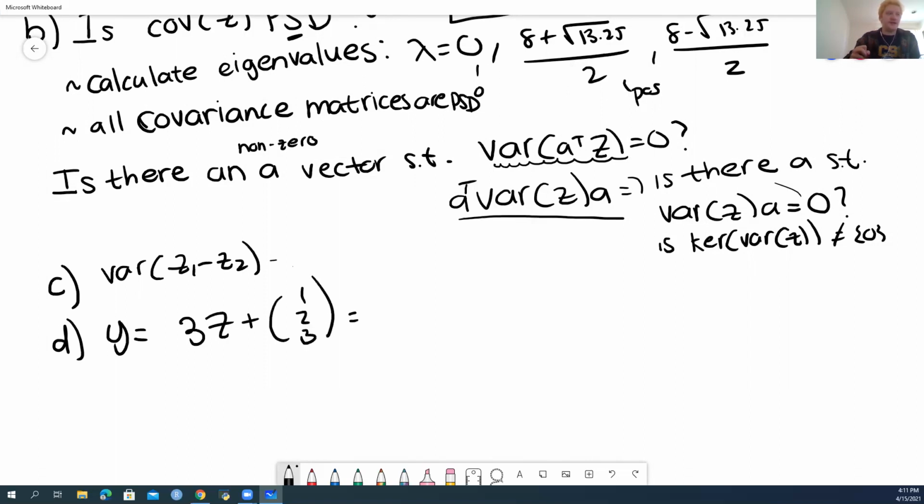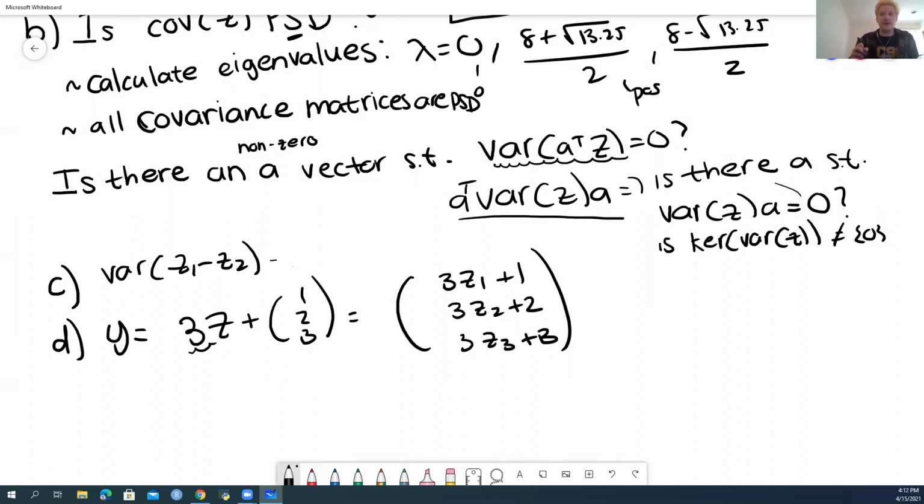And it defines this as 3Z1 plus 1, 3Z2 plus 2, and then 3Z3 plus 3. Note that you cannot just take 3 and multiply it by the variance, or even square it. That might seem easy because you're thinking, variance of 3Z, just pull out the 3, you get 9.